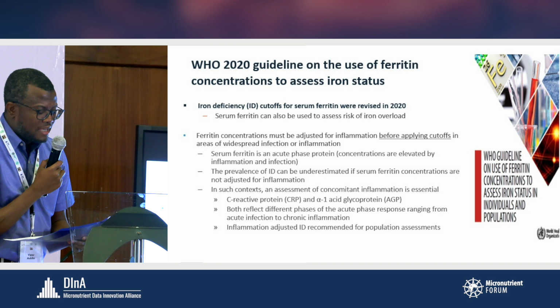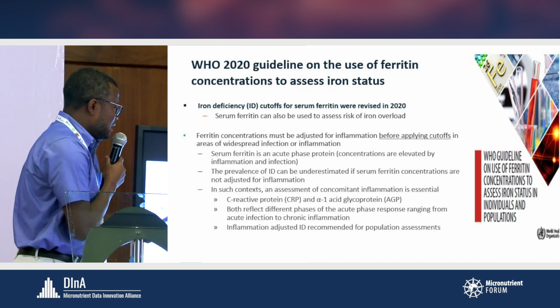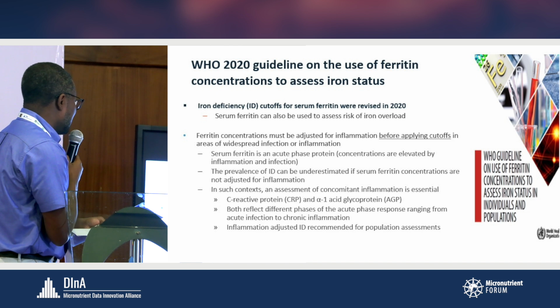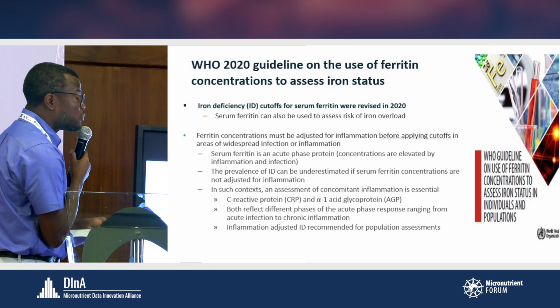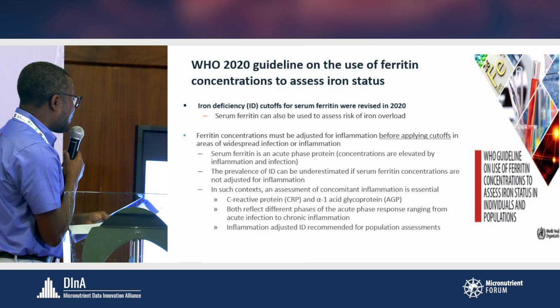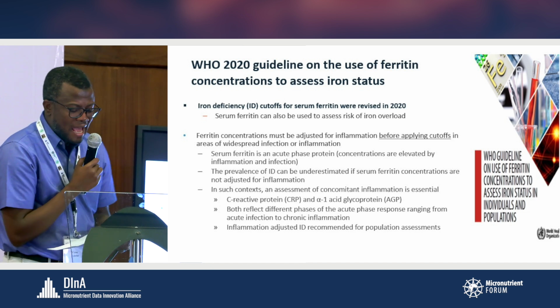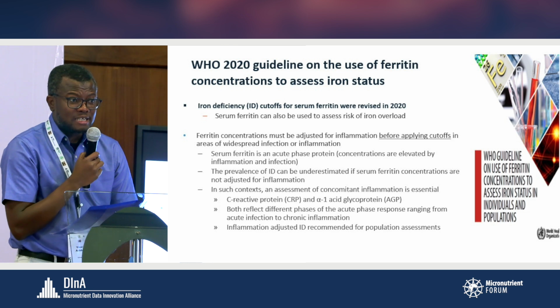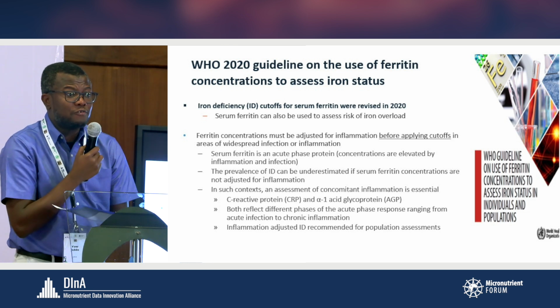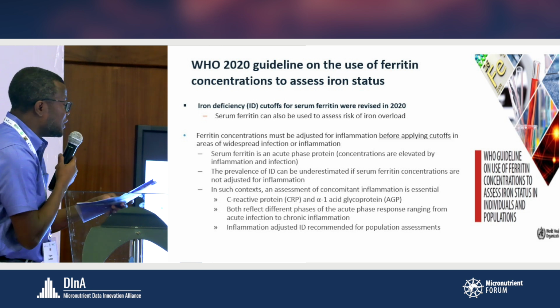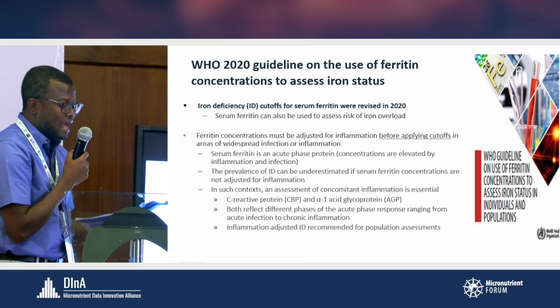Two key biomarkers were mentioned, C-reactive protein and alpha-1 glycoprotein. Both capture infection and response to infection. So this is what we are trying to get to in order to be able to interpret iron data.